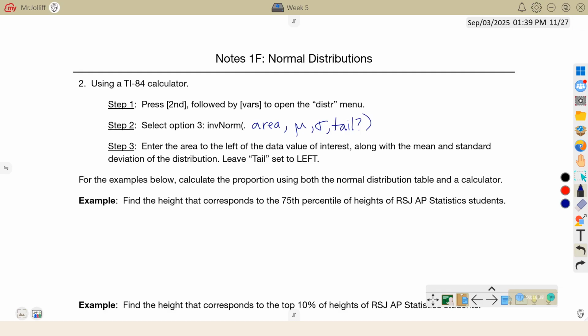I would strongly recommend that you turn every problem like this into a left tail problem, just like you would if you were working with the book, and never muck with that tail setting. I say that for two reasons. First, if you are looking at a distribution where the mean is not 0 and the standard deviation is not 1, sometimes those center and right tail commands give you the wrong answer.